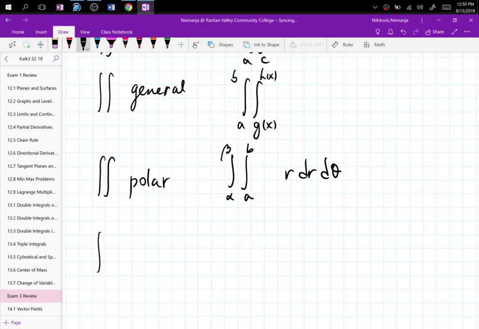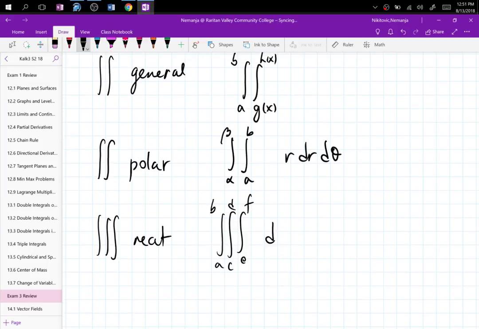Then you are moving into a triple rectangular. If you have a triple rectangular, then you have the triple integral A, B, C, D, E, F, right? And then that's dV, right?